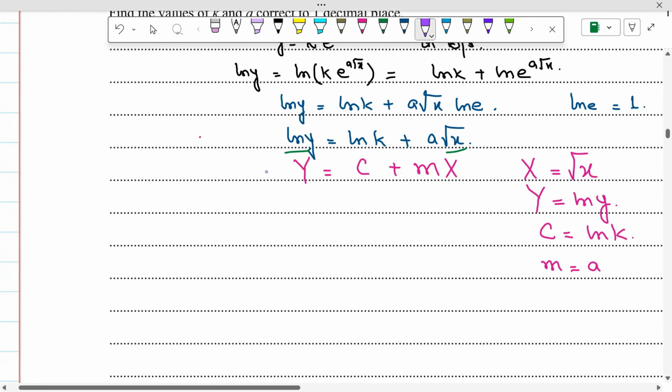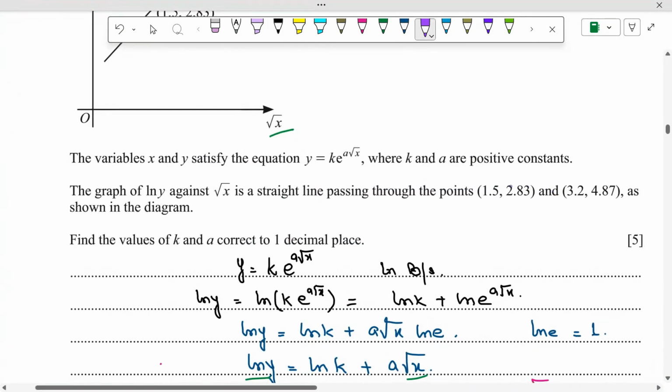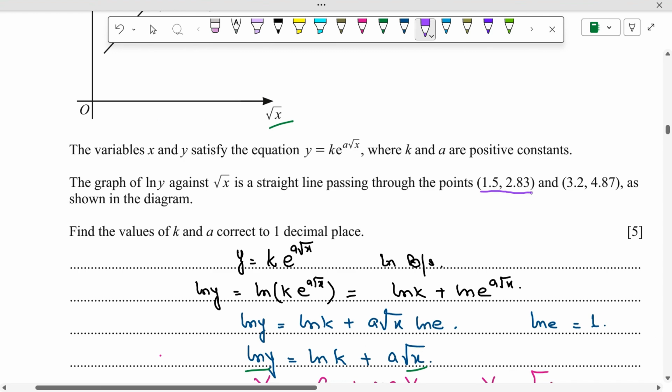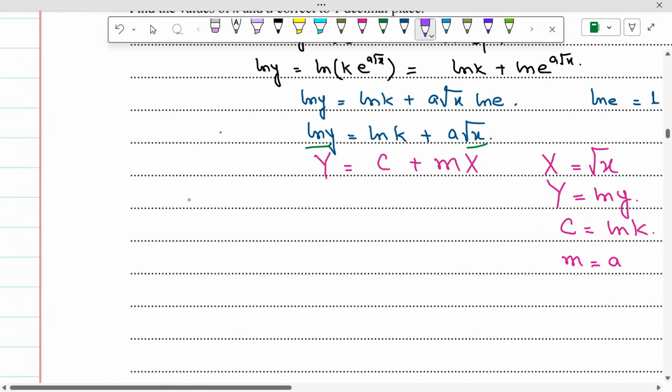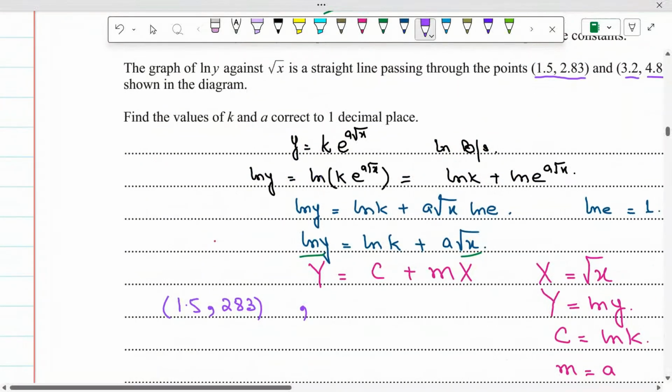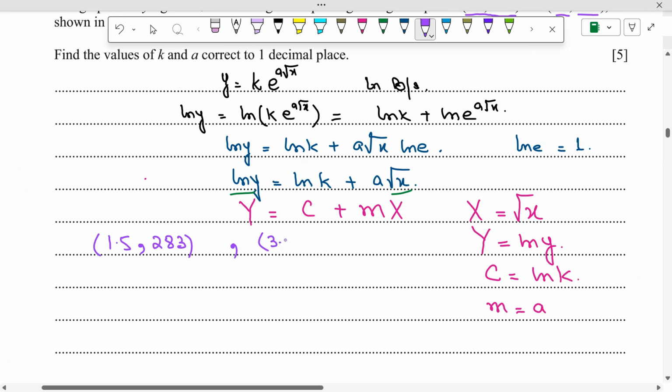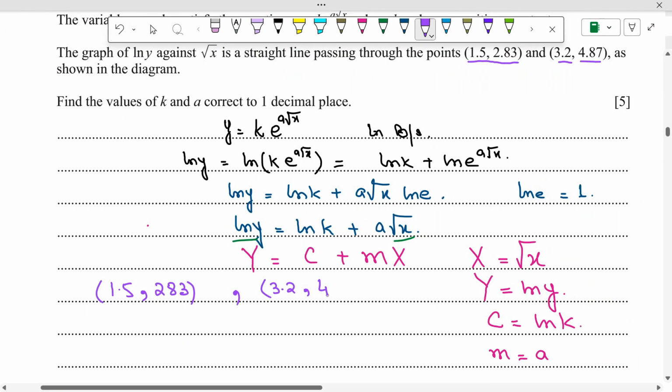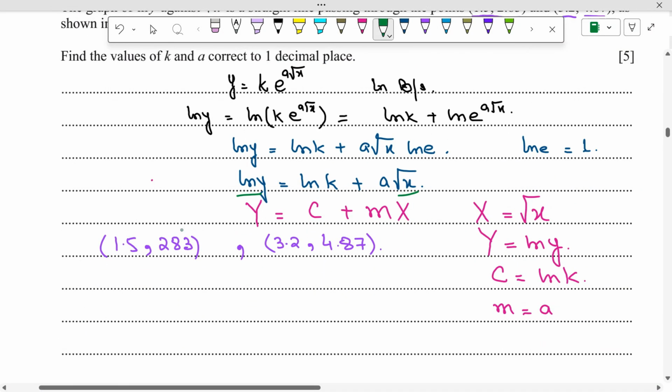So we have 2 points, which are (1.5, 2.83) and (3.2, 4.87).